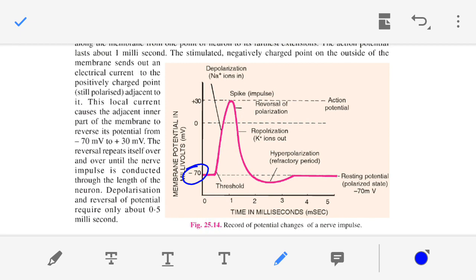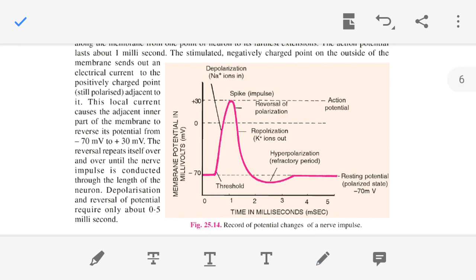During depolarization, the Na plus channels open, so Na plus enters the cytoplasm very quickly. Now the membrane potential becomes positive, and the peak value is plus 30. This plus 30 value is known as the spike, or the depolarization peak value, or the action potential.